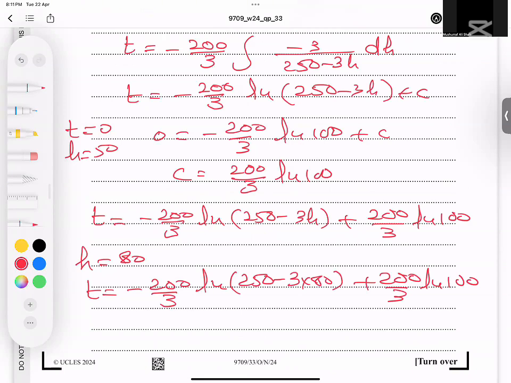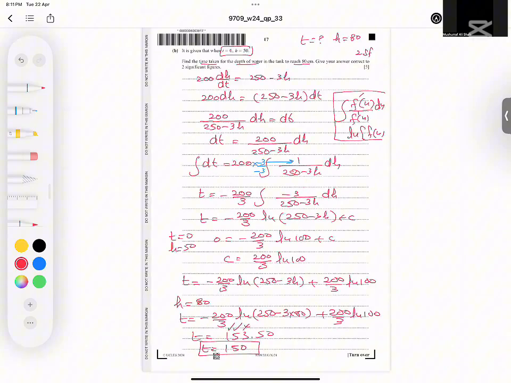So I type minus 200 divided by 3 times logarithm, and in the logarithm I have 250 minus 240, plus 200 divided by 3 times log of 100. And when I check it in the calculator, I get 153.50. He said 2SF, so the time becomes 150. I hope the point is very clear, and the question is completely done.